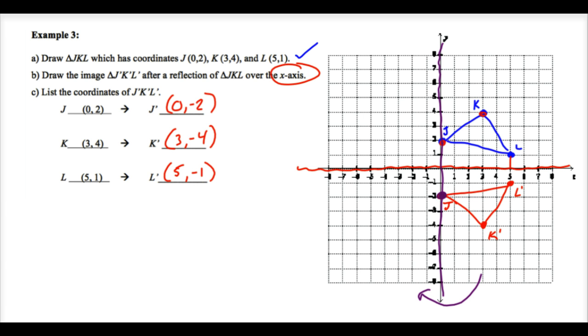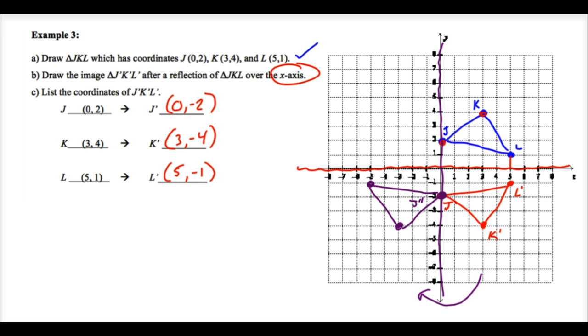J stays exactly where it is. K is 3 spots over, so we'll go 3 spots this way. And then L is 5 spots over, so we go to negative 5. We can plot a point. And there we go.